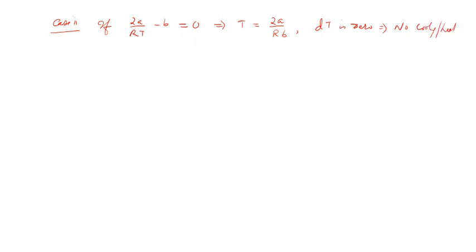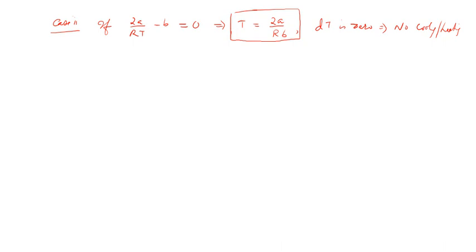So we can say that at this particular temperature, for a real gas, there won't be any Joule Thomson effect. It means that a real gas will behave like an ideal gas. We have seen that an ideal gas will never show the Joule Thomson effect.